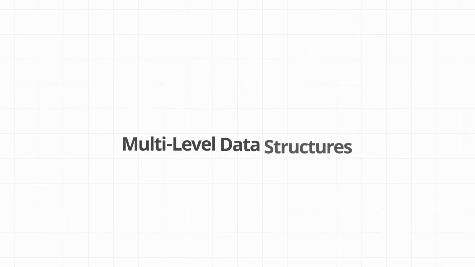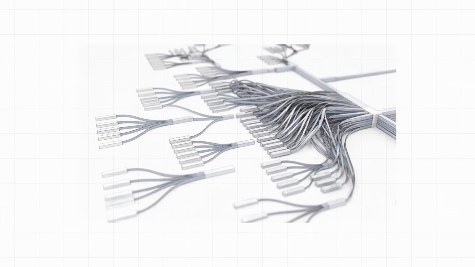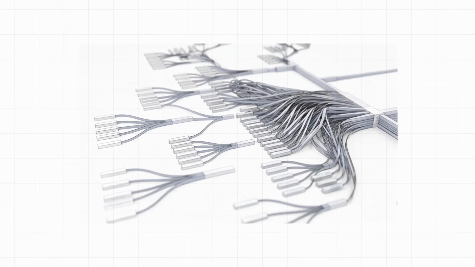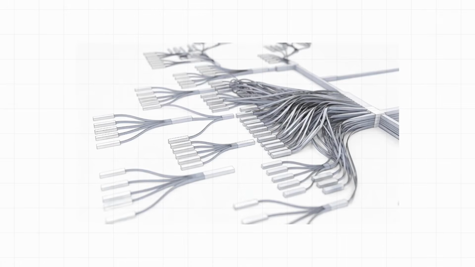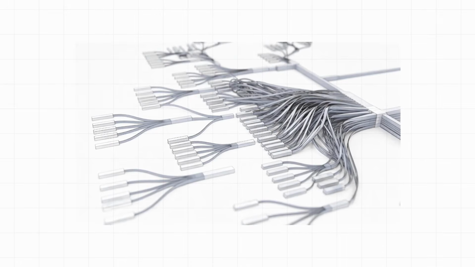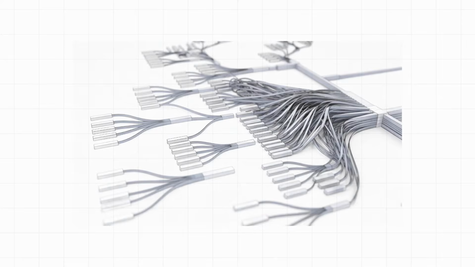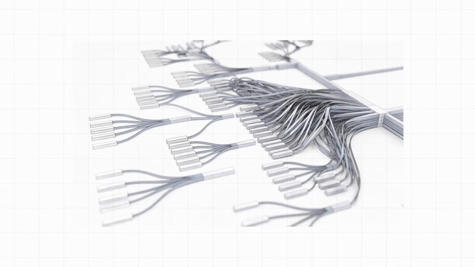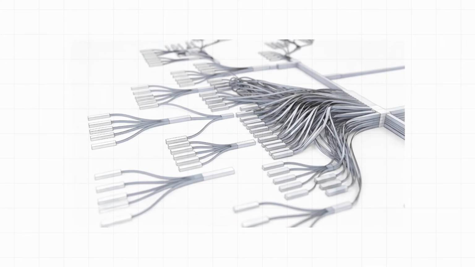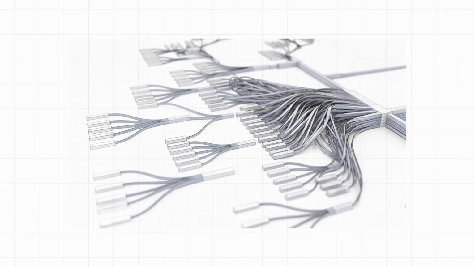Multi-level data structures. One of the most powerful features of data trees is exactly this, their multi-level nature. Data can exist on a single level or across multiple layers of depth. To make this more tangible, let's look at a real-world example.